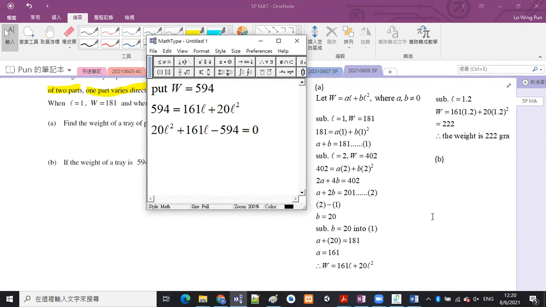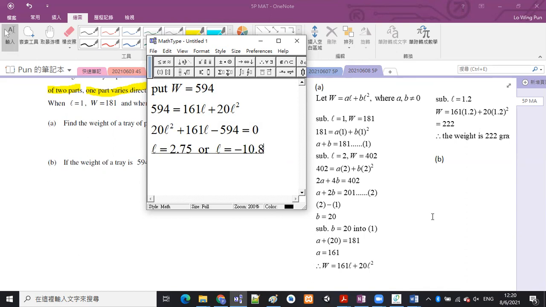So when you subtract 594 to the right hand side, let's move all the terms. Put all the terms to the side where the square term is positive. And you get ax squared plus bx plus c equals 0. And then you will use the most powerful device in the world, that is your calculator. Formula 1. 2.75 or negative 10.8.